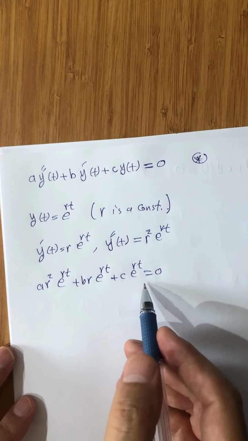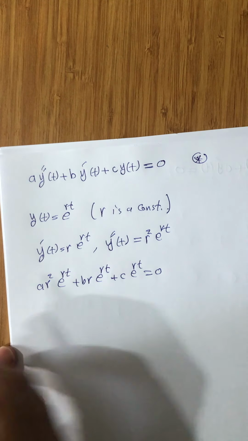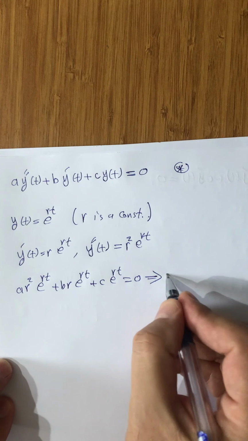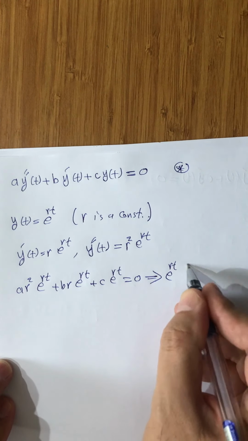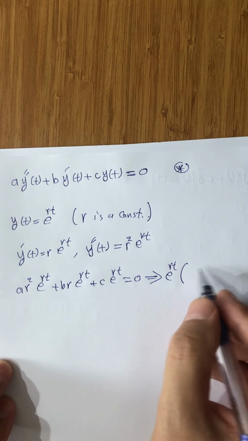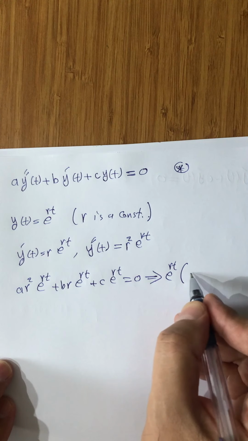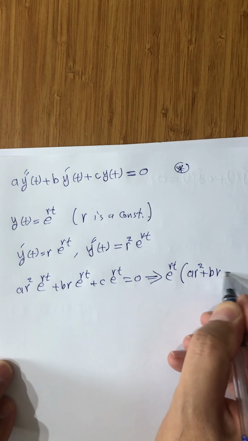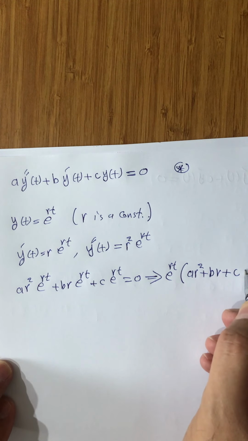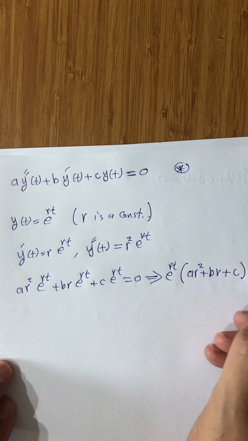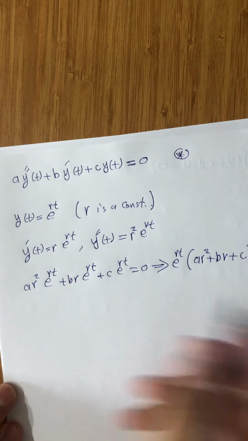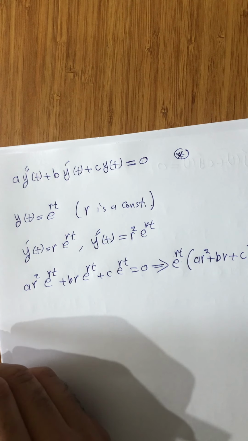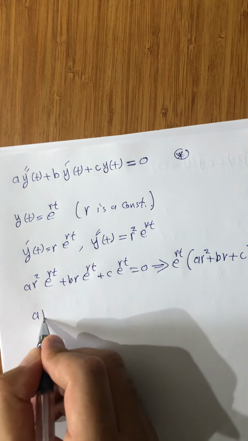We can take e to the rt as a common factor, so e to the rt times (a r squared plus b r plus c) equals 0.